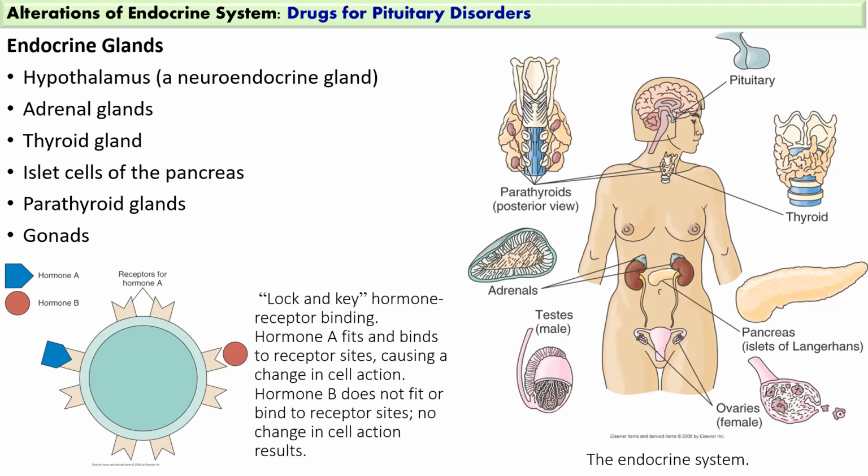And these glands include the parathyroid, the 4 small tiny glands in the back of the thyroid gland, the adrenal gland, both glands on the top of the kidneys, the gonads, and the pancreas.